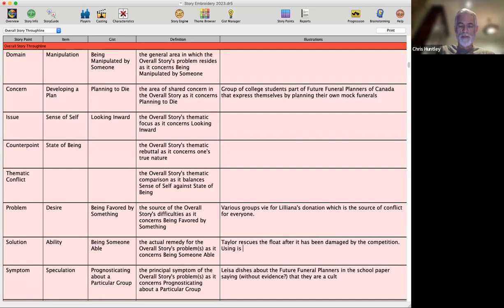Using his computer skills, he turns the remaining portion of the float into an amazing light show.